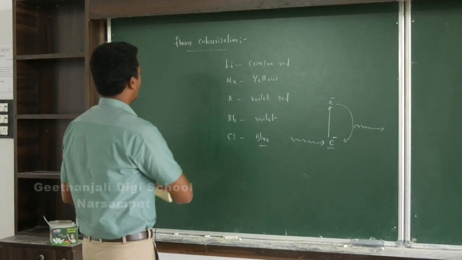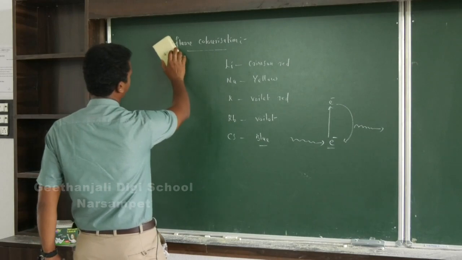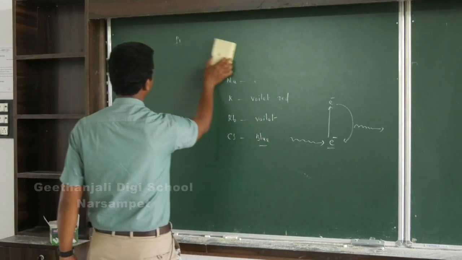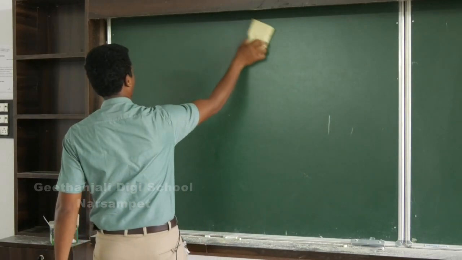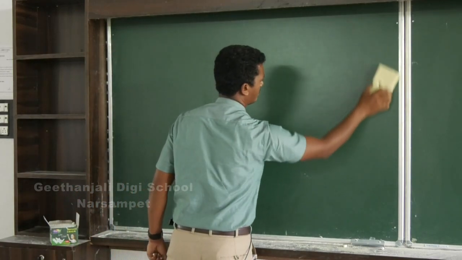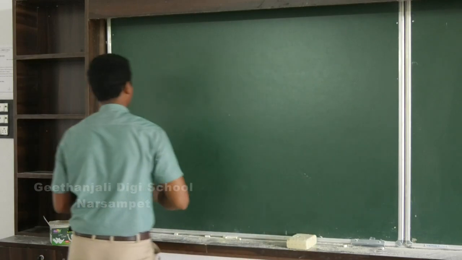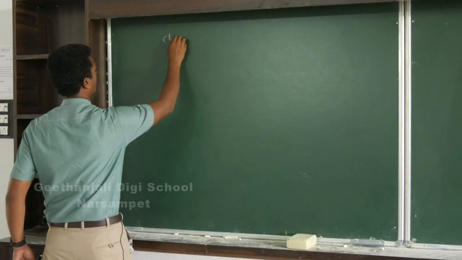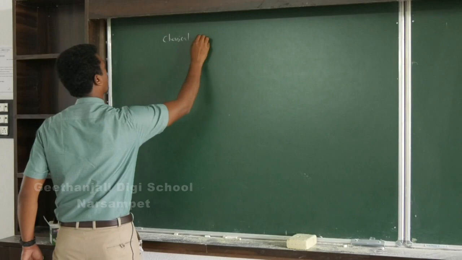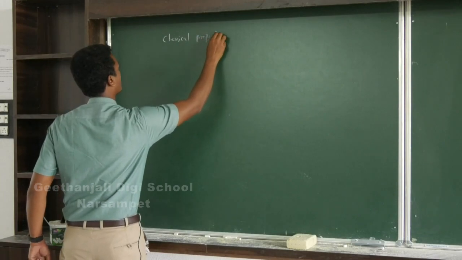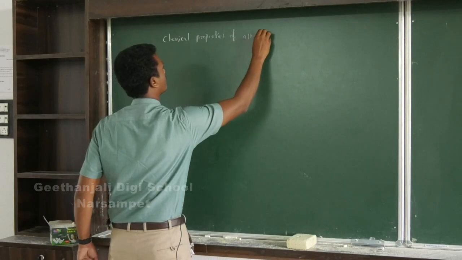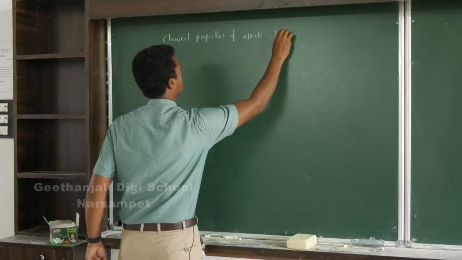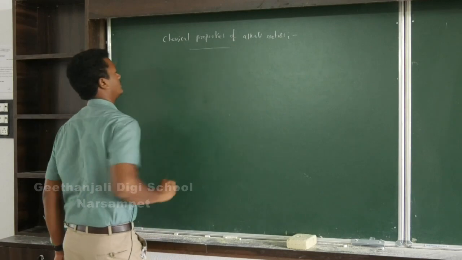Next, after the general and physical properties of alkali metals, we will discuss the chemical properties of alkali metals.